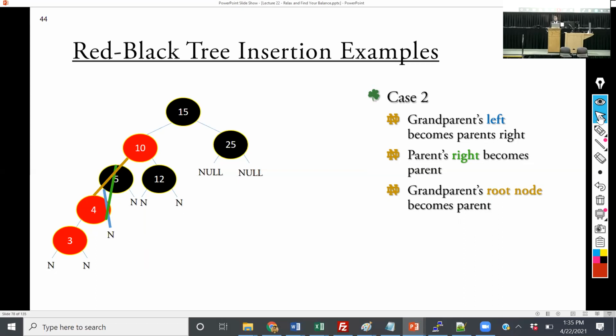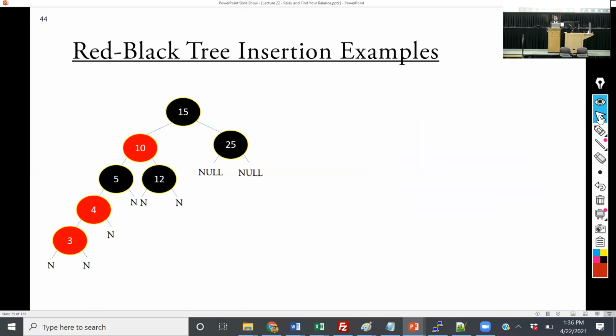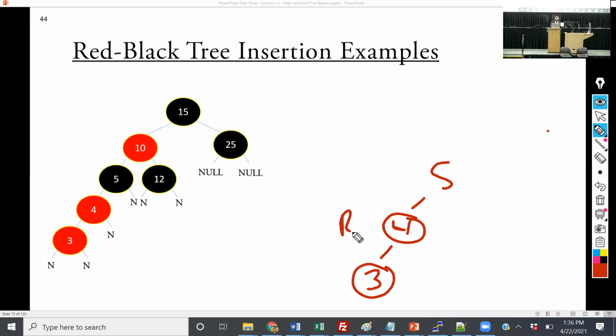So let me go back so that I can address this question in the Slack more clearly. We have the grandparent is 5, parent is 4, child is 3. We have these nodes red, red, and black. And the great-grandparent is 10.